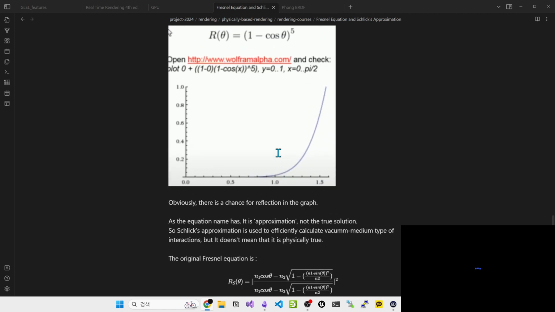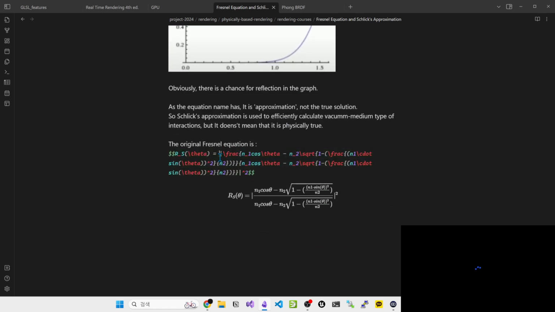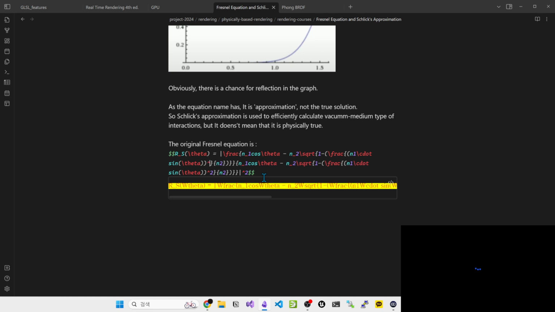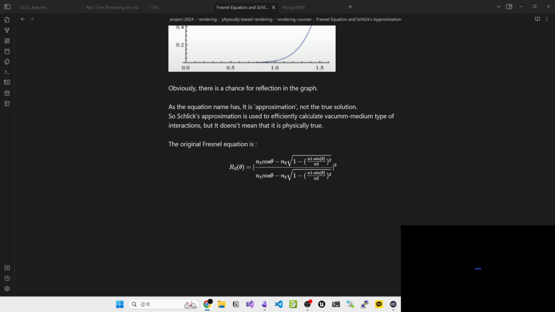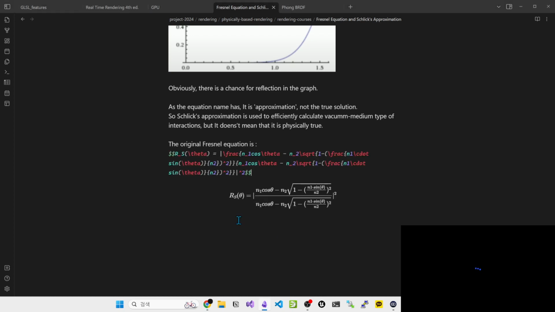Well, I would substitute n1 and n2 equal to 1, the index of refraction of vacuum.